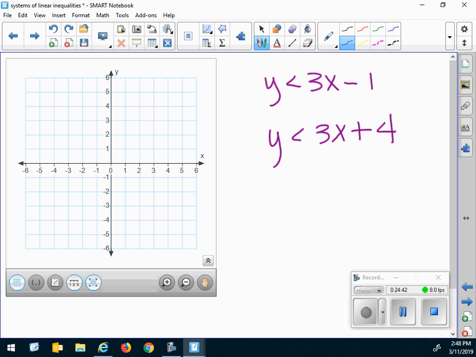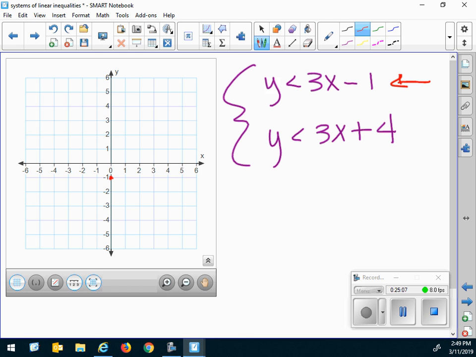How would we solve this system of inequalities right here? Graph it. How are we going to graph this one? Y-intercept's negative 1.